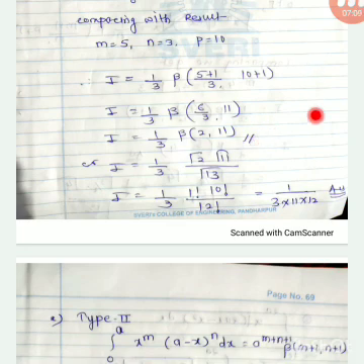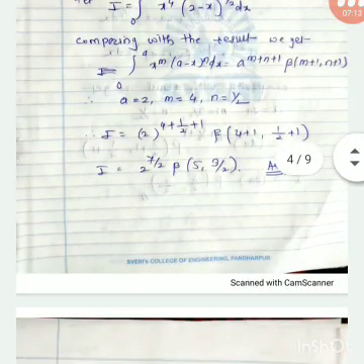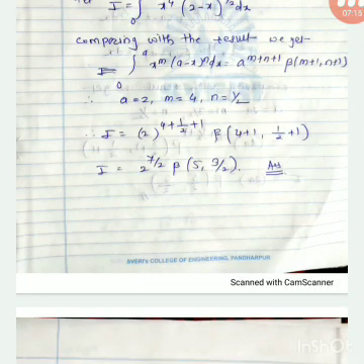Now we will move to the second type, that is integral of x raised to m, a minus x raised to n, dx, which is equal to a raised to m plus n plus 1, beta of m plus 1 comma n plus 1.